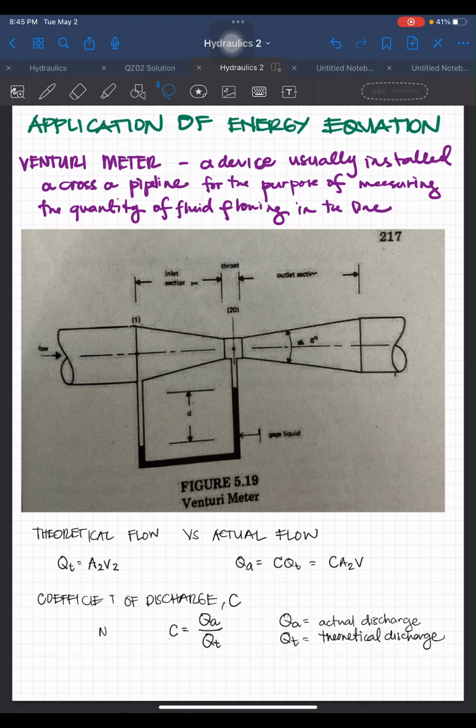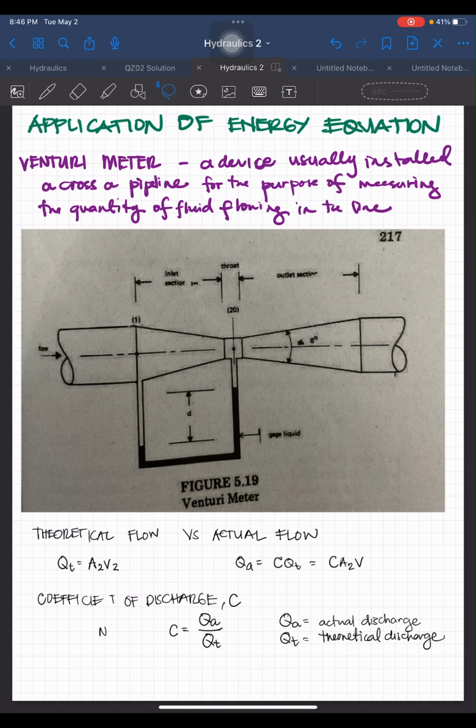Meron tayong tinatawag na theoretical flow and actual flow, no? Dahil nga kasi sa initial conditions hindi na-account yung mga frictional losses, no? Meron tayong tinatawag na theoretical flow kung saan by the term itself, by theory, using the acceptable physical laws, mathematical principles, siya yung theoretical na flow, siya yung flow na makukompute natin.